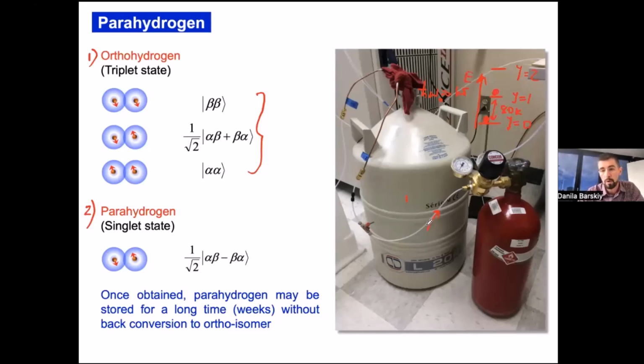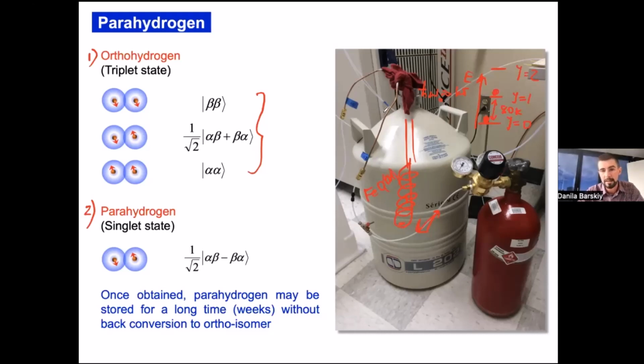You flow it into the dewar filled with liquid nitrogen, and then you have a spiral tube, and at the end we normally put a catalyst of ortho-para conversion, and we very often use some paramagnetic materials like iron oxide, usually in the form FeOOH.